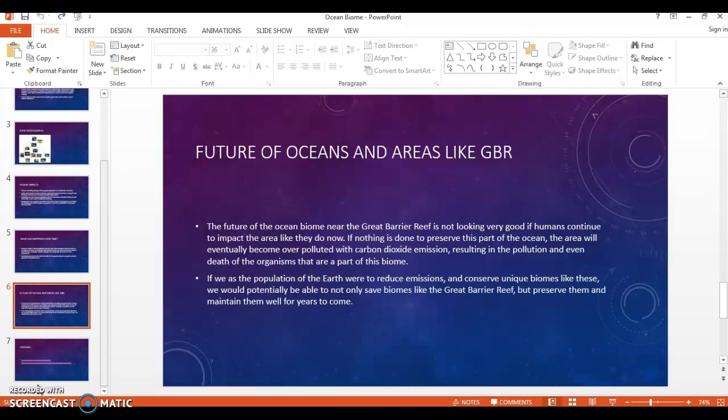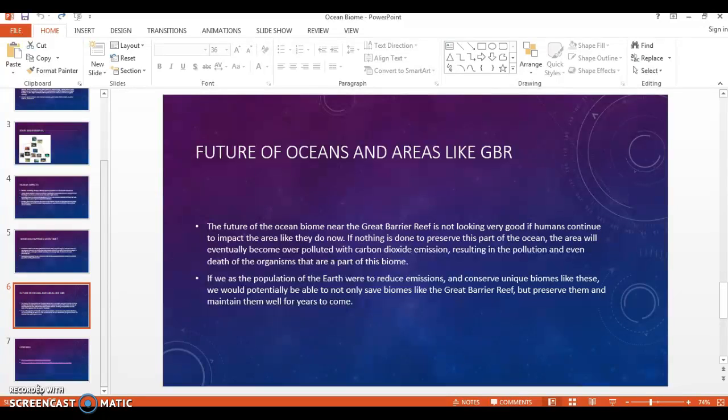So the future of oceans and areas like this Great Barrier Reef really depends on how humans interact and work with nature. If we continue to do what we're doing now and decide not to preserve these areas, places like oceans and the reef could potentially become polluted with carbon dioxide and will result in the death of the organisms as well as reefs in the biome.